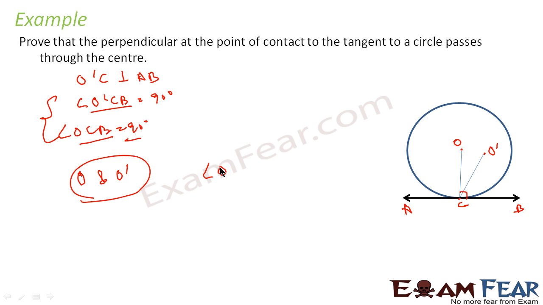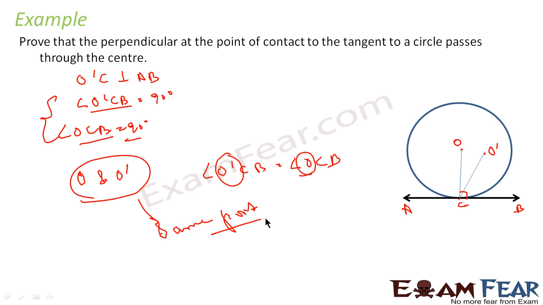Since angle O dash CB is equal to angle OCB, we can say that O dash and O are the same point. If they are the same point, we can prove that CO dash, this perpendicular line, passes through the center. So what have we done in this case?